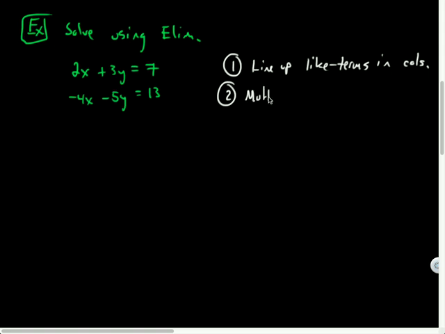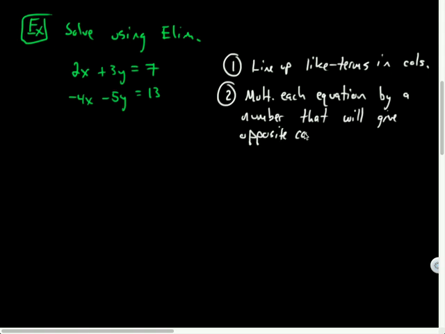Multiply each equation by a number that will give you opposite coefficients for one of the variables.